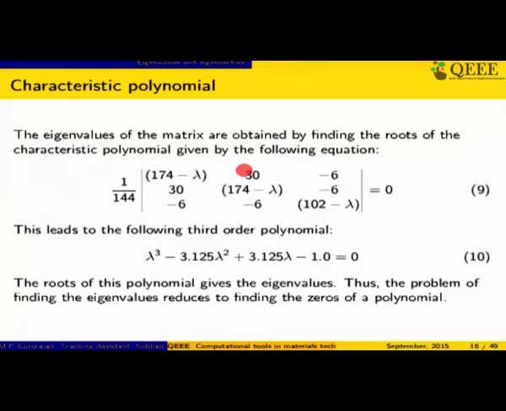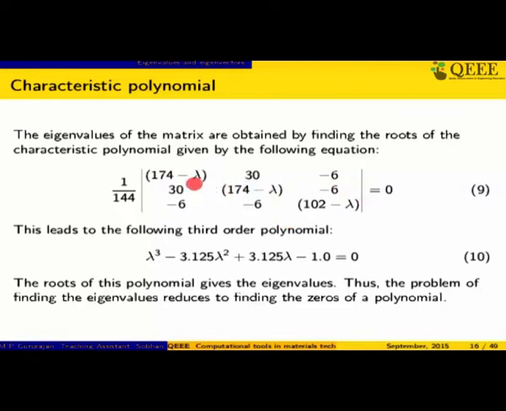To get the eigenvalues, we have to solve what is known as the characteristic polynomial. How is the characteristic polynomial obtained? If A is your matrix, it is obtained by taking A minus lambda I and taking the determinant of this A minus lambda I. So this is the matrix. I is the identity matrix, so it will have only diagonal terms.